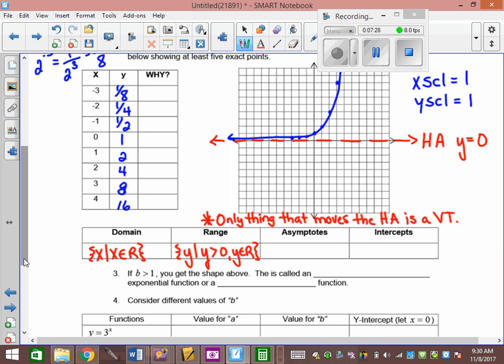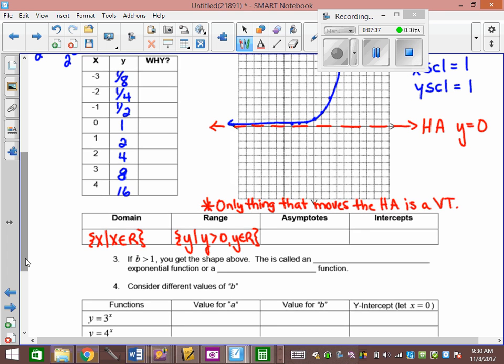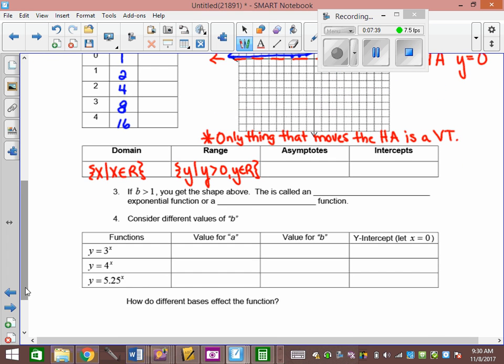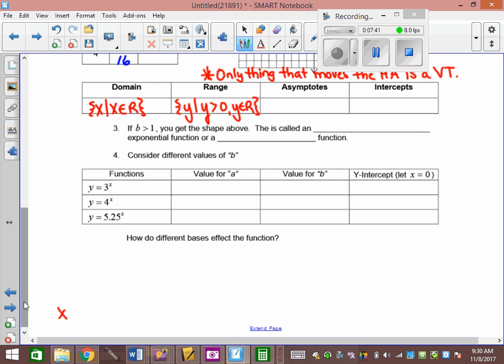A reflection in the what? X-axis. So if you don't have a reflection in the x-axis, you're going to have that. But your inequality sign will flip when you have a reflection in the x-axis. I'm going to write that as a little caveat too, down here. For range, y is greater than the number.